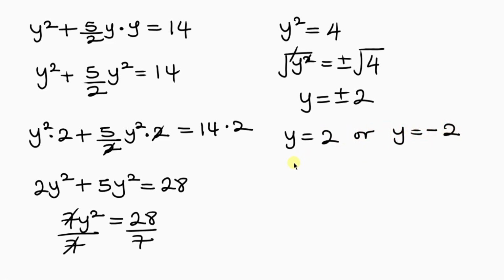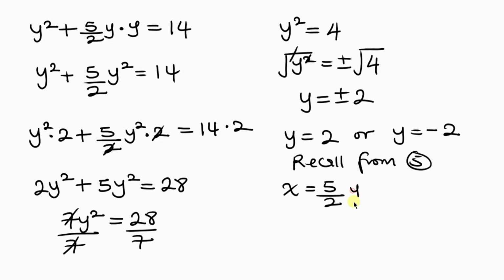Now, to get the value of x, we'll recall from equation 5 that we said x is equal to 5/2 y. Now, starting with when y is equal to 2, we get x to be equal to 5/2 times y, which is times 2.